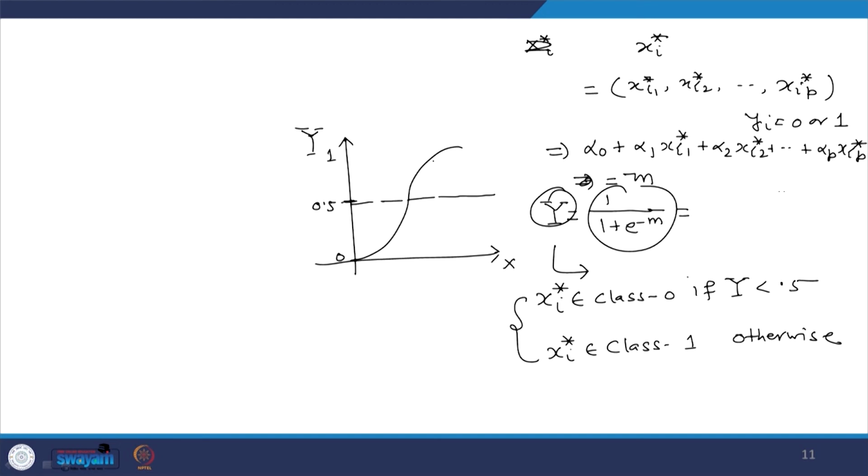If my unknown x is mapping here, it belongs to class 1. If my x is this one, it goes here, which is less than 0.5, so it belongs to class 0. So, all data points coming before this will be in class 0, and all those coming after this will be in class 1, and that is the simple concept of logistic regression.